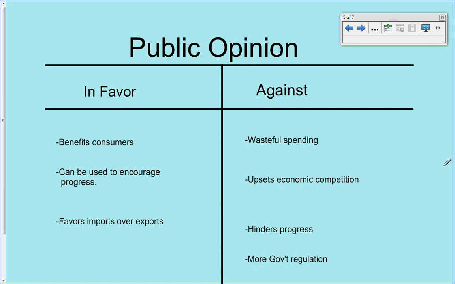Many people also say it hinders progress because in an industry like the oil industry, people are not paying the true cost, the $5, $5.50 that they should be paying without the subsidies, so people continue to use the oil.